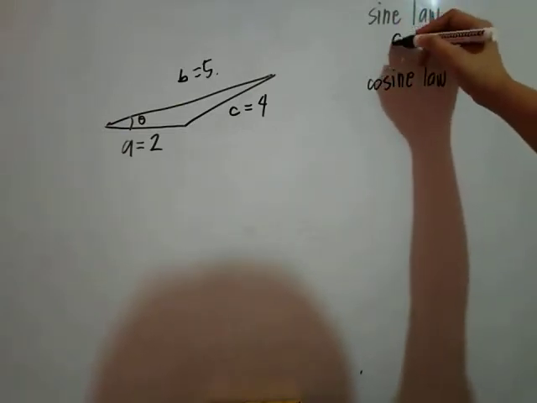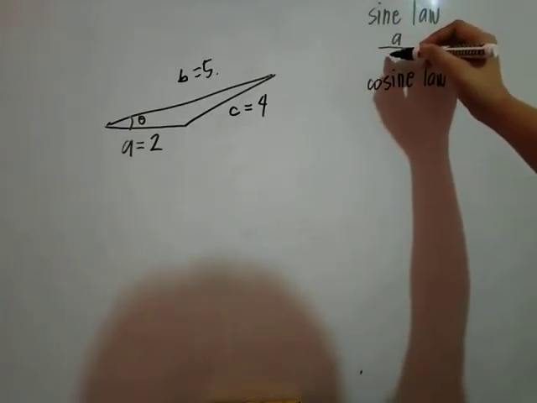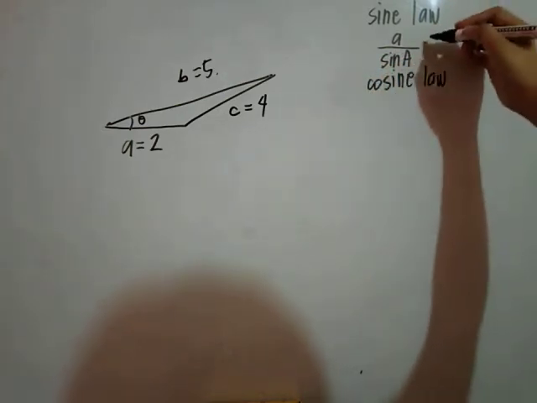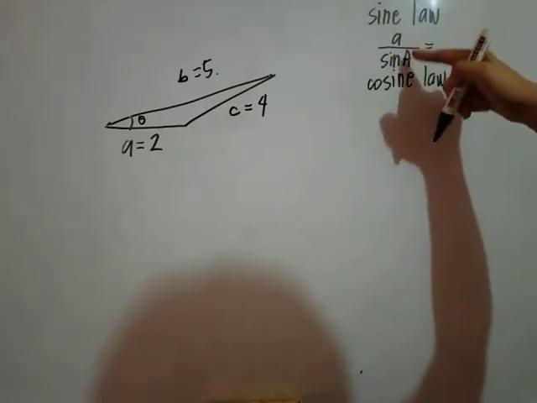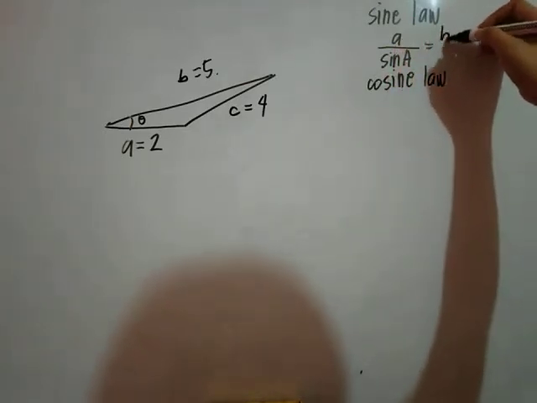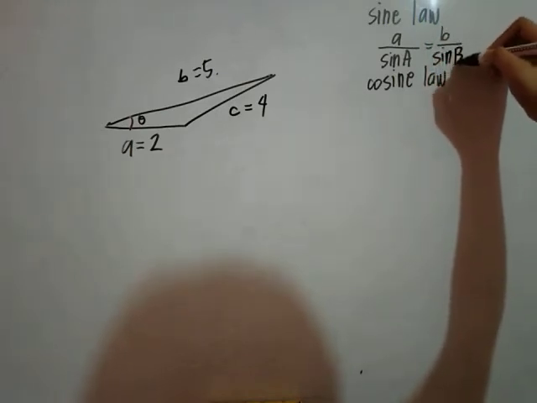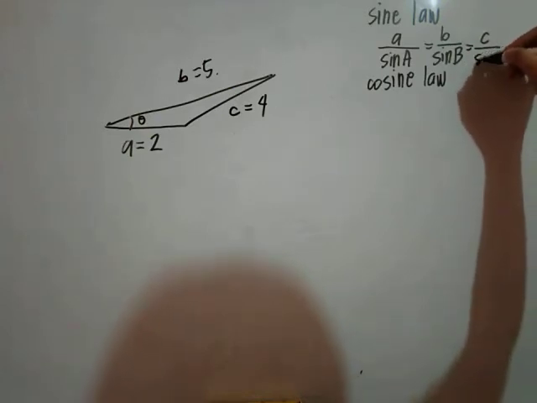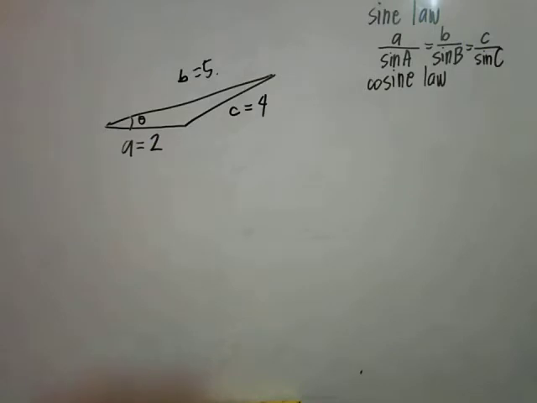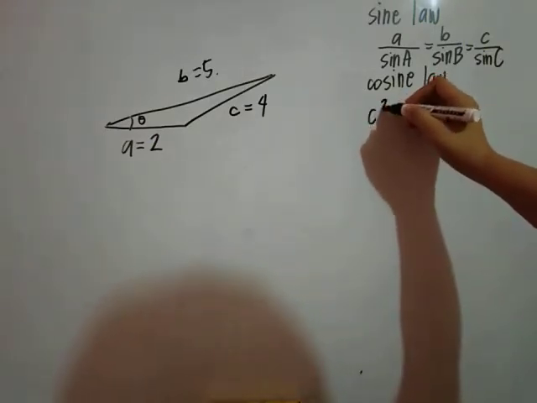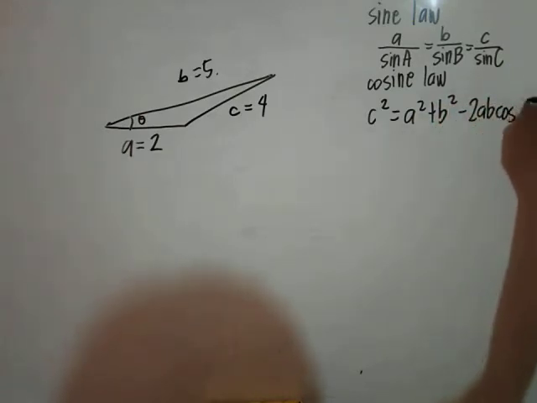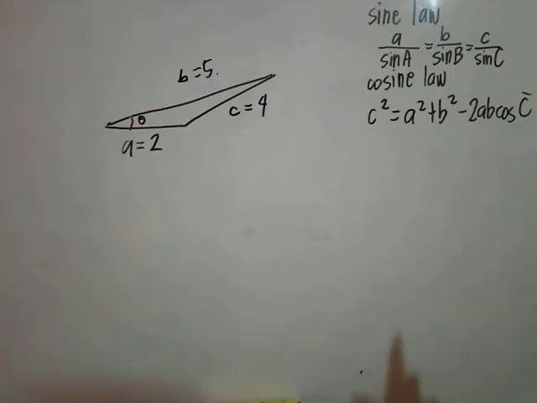Si sine law is equal to side A over sine A, where capital A is the interior angle opposite ni side A, equal siya kay B over sine B, and then equal siya kay C over sine capital C. Kay cosine law naman, we have C squared equals A squared plus B squared minus 2AB cosine capital C. Ibig sabihin, yung angle niya.